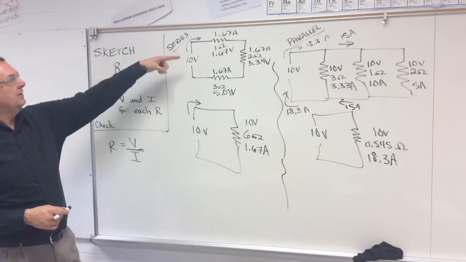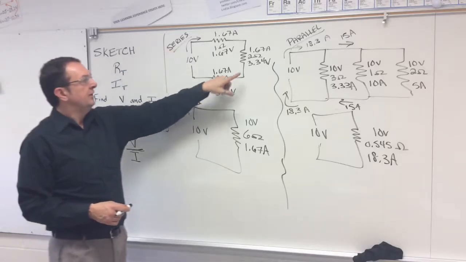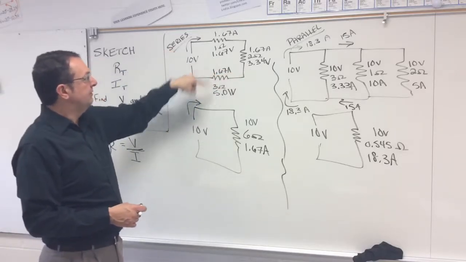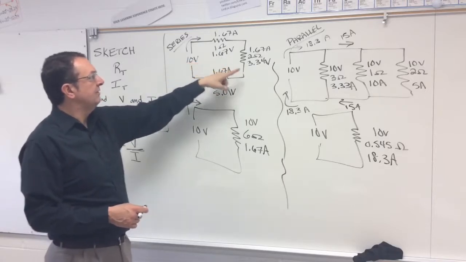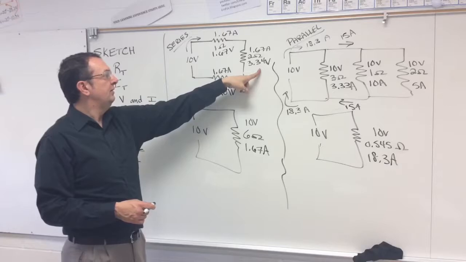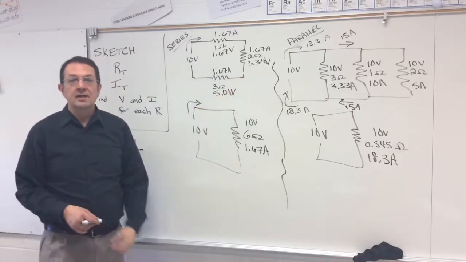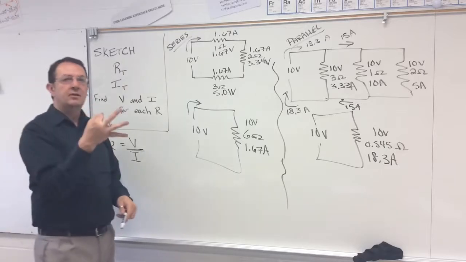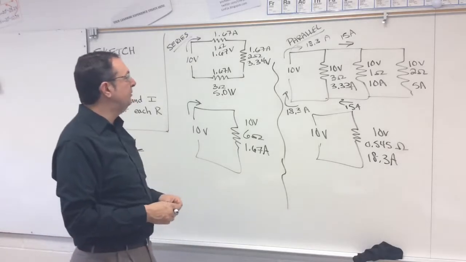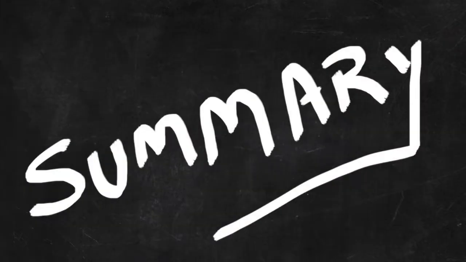And then you add up the voltages. 5 plus 3 plus, okay, 5, 8, 9, 9.67, 10.01, 10.02. 10.02 volts is exactly the same as 10. We're using 3 digits, so it rounds off to 10.0 volts.